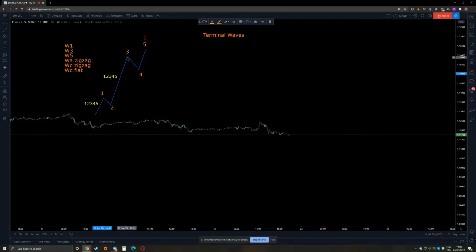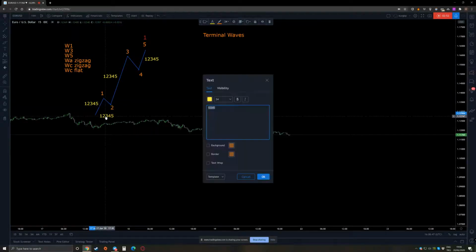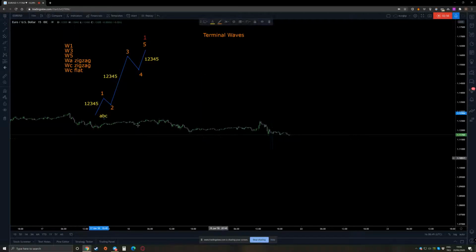Third wave too. So look, 1, 2, 3, 4, 5. If this on the bigger wave will be one of these, it means this on the smaller wave will be 1, 2, 3, 4, 5 as well, and also the fifth wave. Now, the second and the fourth waves are corrective, so you have a corrective wave here and a corrective wave as the fourth wave as well.